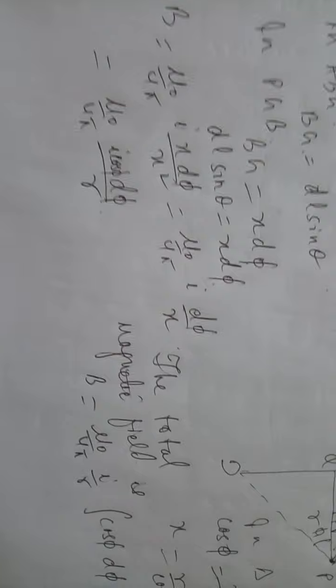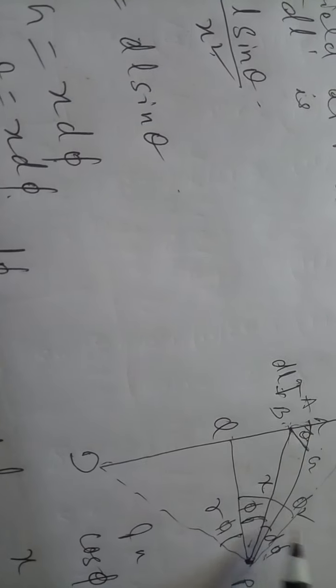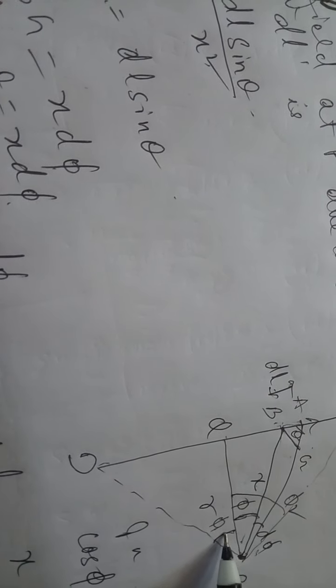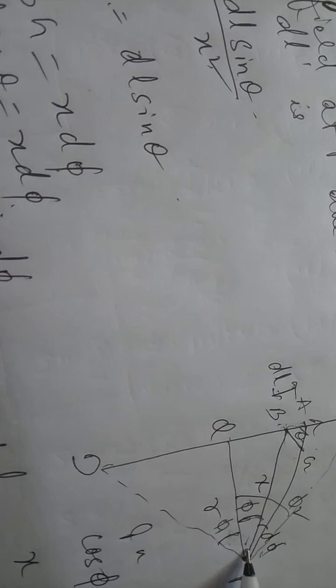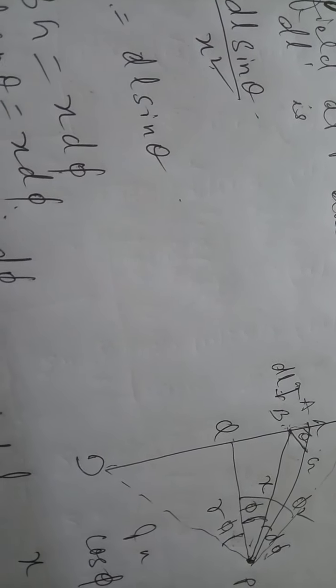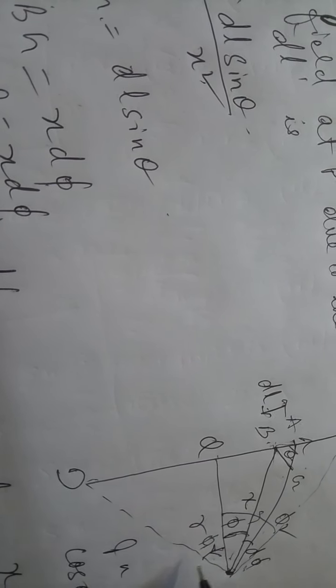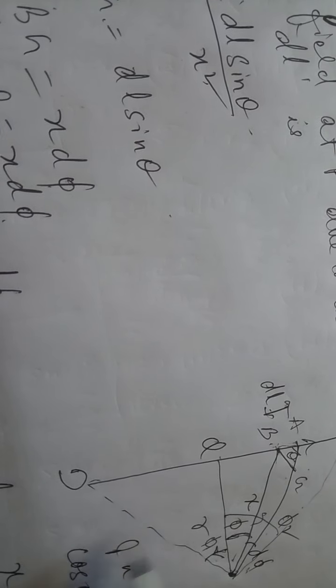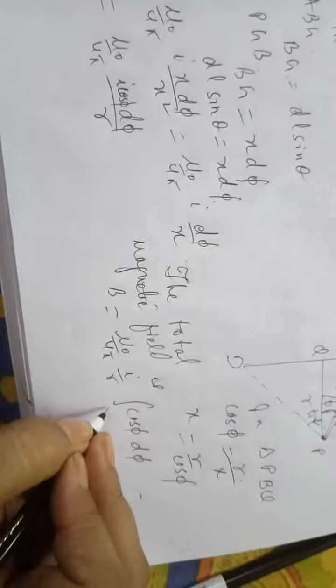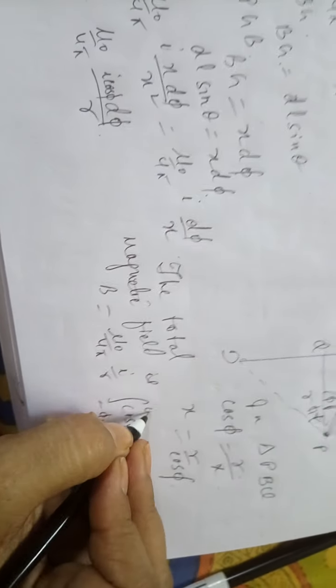And when we integrate cos phi d phi, let us take the limits. If you see, the direction of phi 1 is in this direction, because we are measuring how far it goes. And phi 2 is somewhere like this. So we will take the limits from minus phi 1 to plus phi 2.